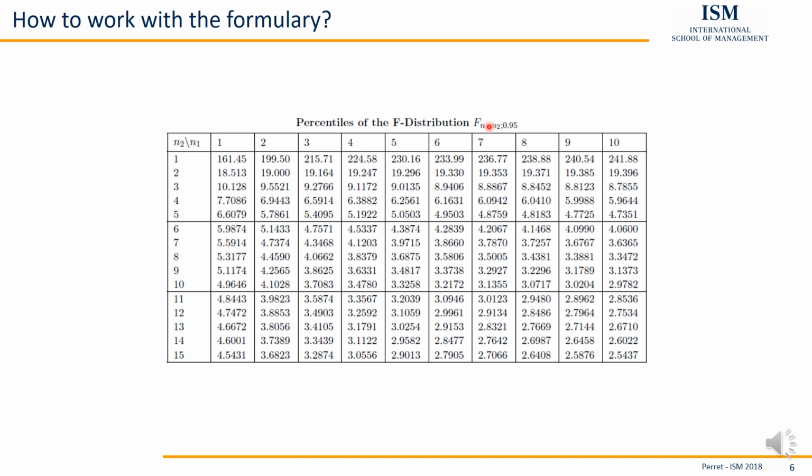In either case, you first select the corresponding table based on your error probability, and then you take a look at the 2 degrees of freedom. Insofar, the first value, which in most cases should be the smaller of the two, actually gives you the column.